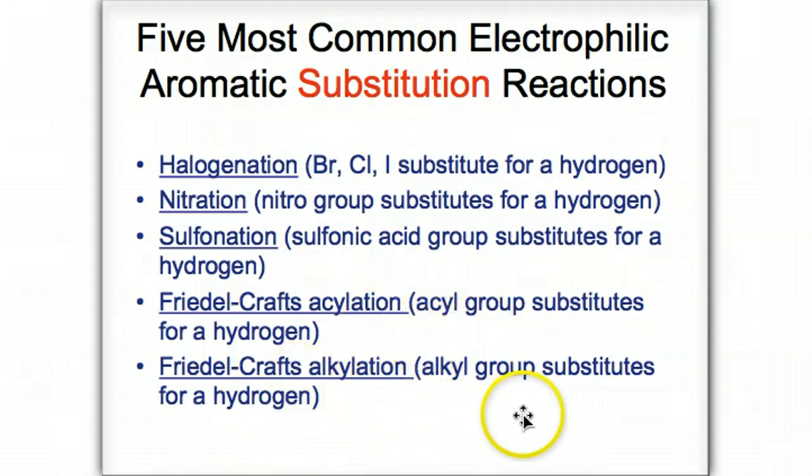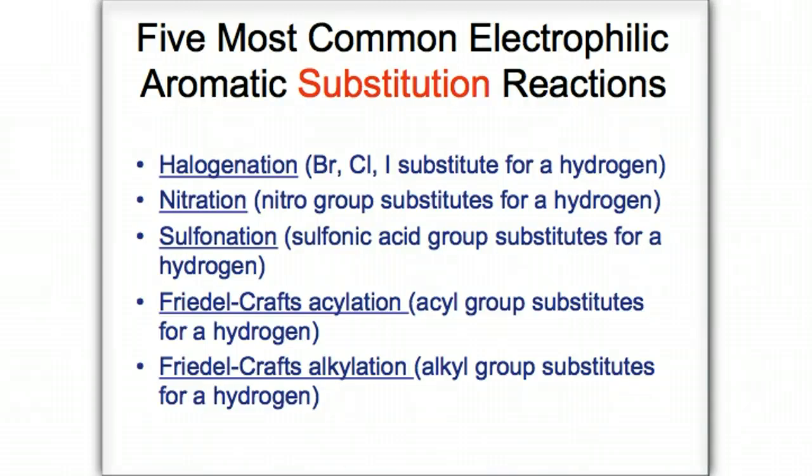Friedel-Crafts alkylation: an alkyl group substitutes for a hydrogen. All of these reactions take place by the same two-step mechanism that we saw on the previous slide. As we look at each of these reactions, we will notice that they differ only in how the electrophile is generated. Once the electrophile is formed, all 5 reactions follow the same two-step mechanism for electrophilic aromatic substitution.